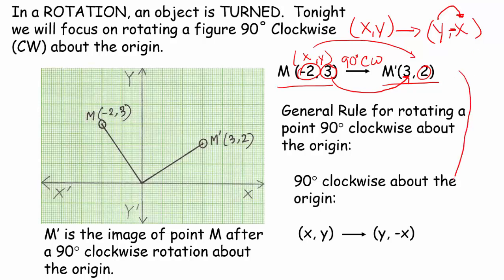Let's go ahead and look down here at the rule that's drawn for us. We already talked about the fact that X, Y first reverses itself and becomes Y, X. Then we know we have a rotation 90 degrees clockwise, so it goes to the right. So we go ahead and change the sign on that X coordinate. Remember, this right here, this negative, doesn't mean the coordinate's going to be negative.